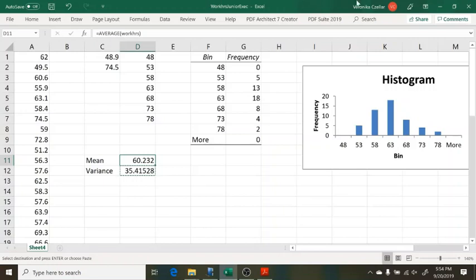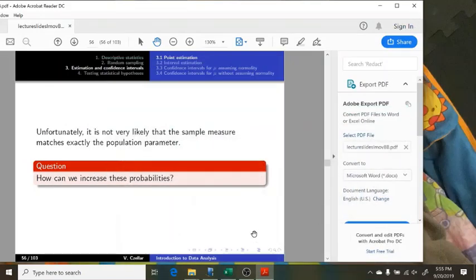the world, right? So let's provide another way of estimating a parameter, something that is more likely to be true. And for this, I would like to provide an entire range of reasonable values for the expected number of working hours for junior executives. We will do this by providing confidence intervals.